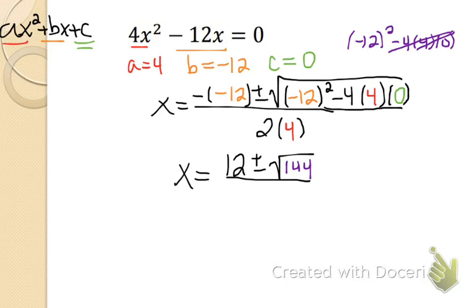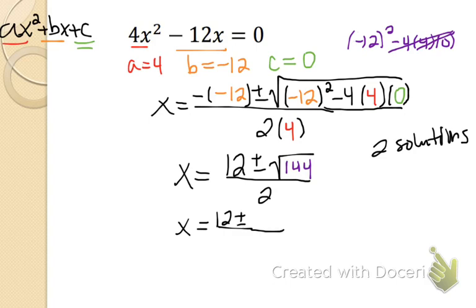Now this value is greater than 0, so that means that we should end up with 2 solutions. Here we have x is equal to 12 plus or minus the square root of 144, and the square root of 144 is just 12, so plus or minus 12, everything divided by 2.